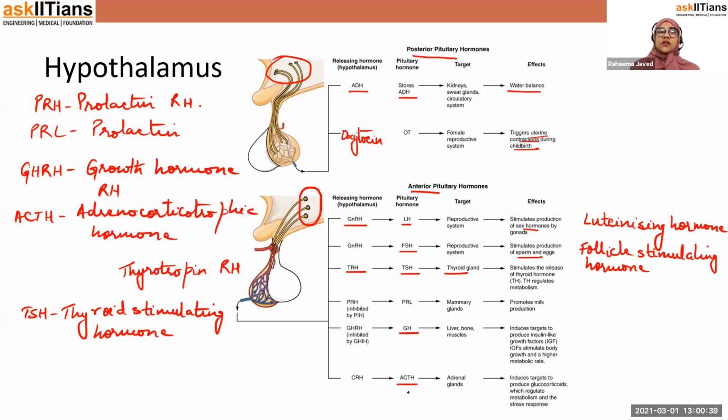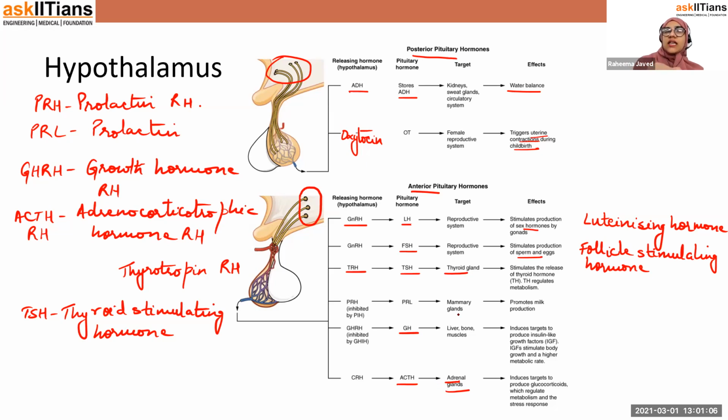Okay, which causes the release of, this is releasing hormone, sorry. Okay, ACTH-RH, which will cause the release of ACTH, that is adrenocorticotropic hormone, which will stimulate the adrenal glands to produce their secretion.